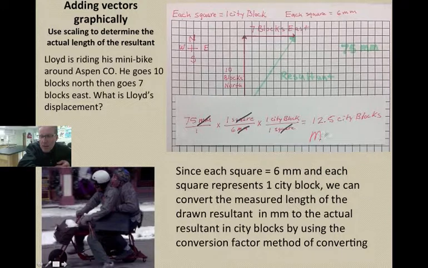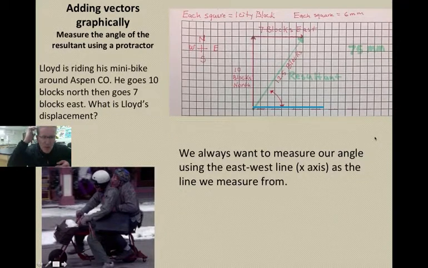At this point we're not done. We have to give a direction also. Magnitude is what we found so far. The next part is we need to measure the angle of the resultant using a protractor. Now this becomes confusing sometimes, so a general rule that I think you should always try to follow is we always want to measure our angle off of the east-west line, or in other words the x-axis.